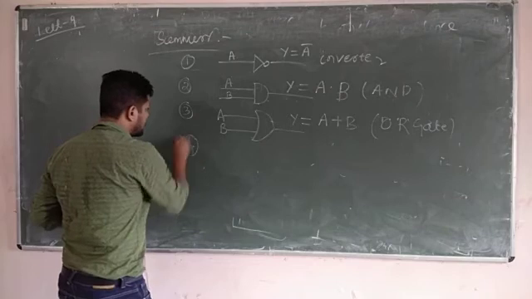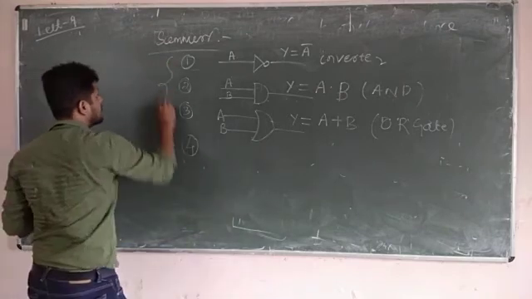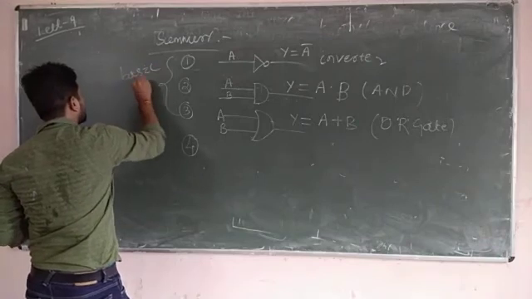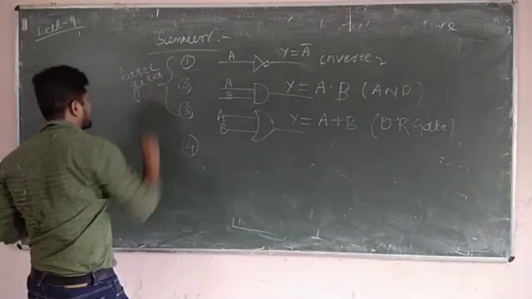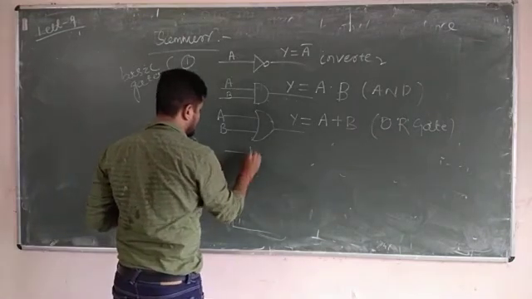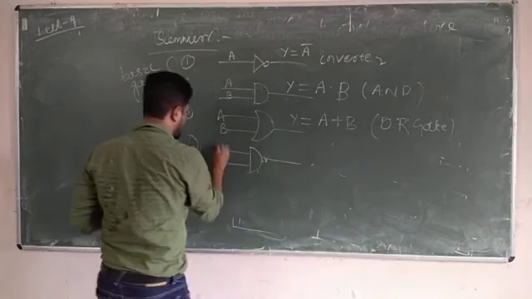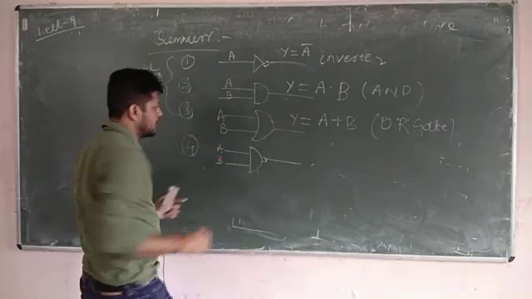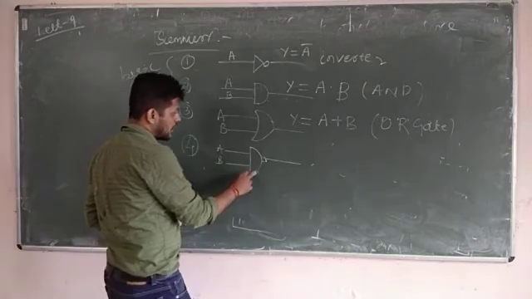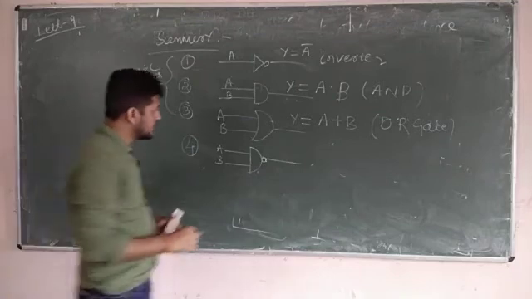These three are basic gates. These three come under basic logic gates. Then the fourth one we have studied here is your NAND gate. You are applying A and B. The NAND gate is a combination of AND and NOT.